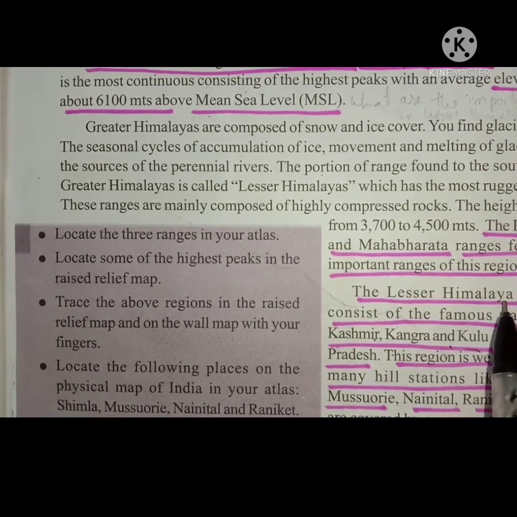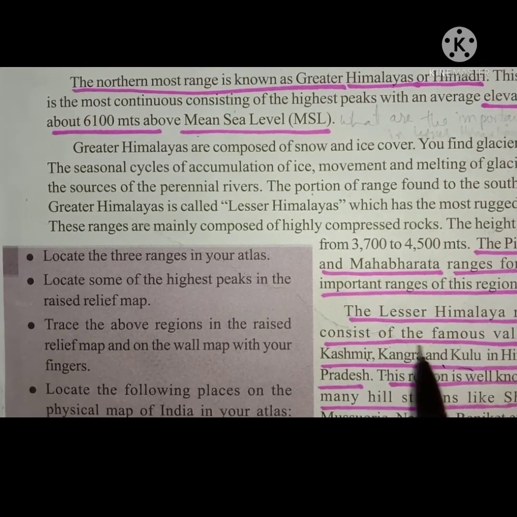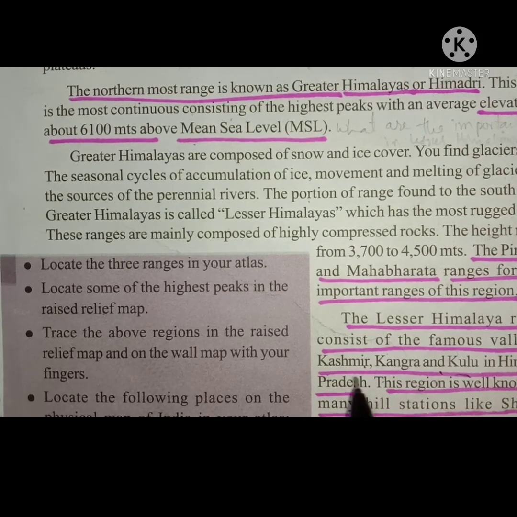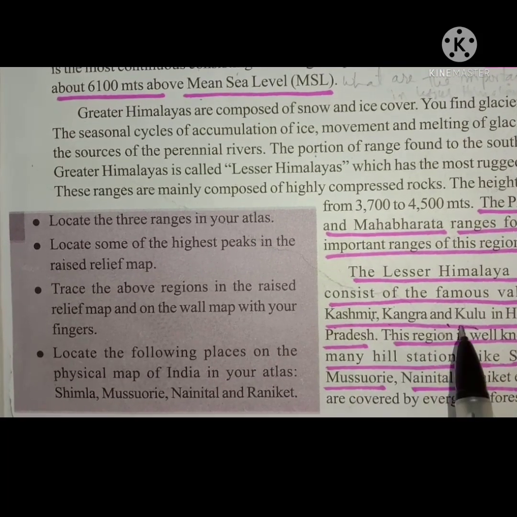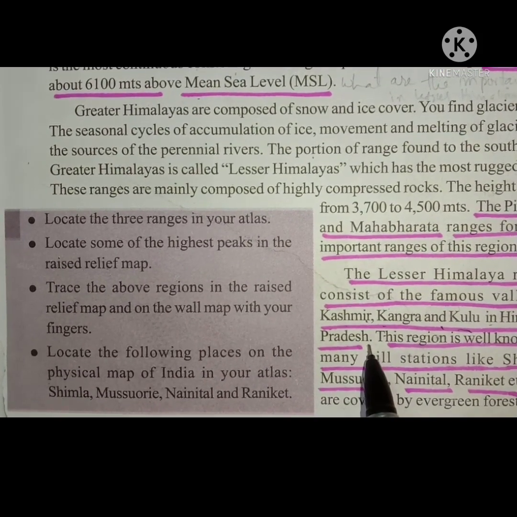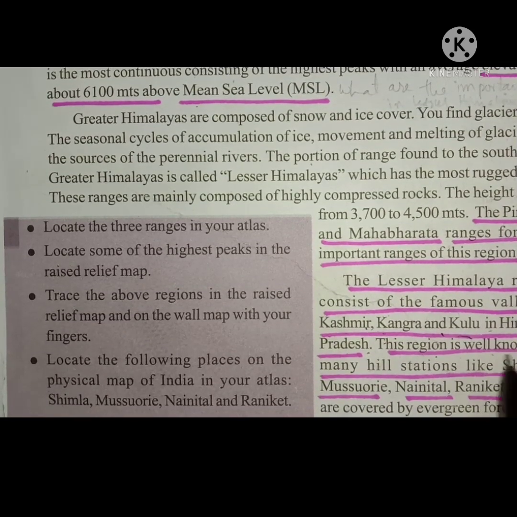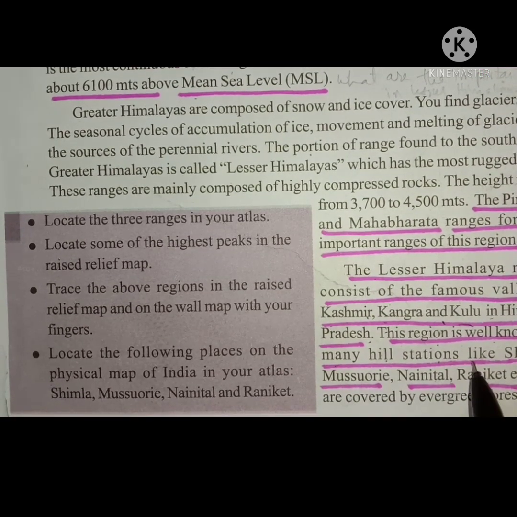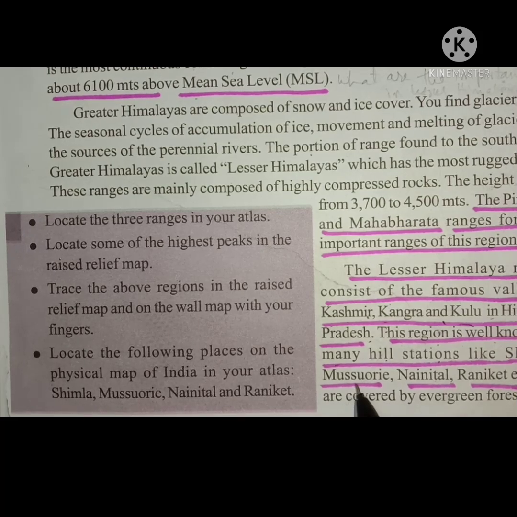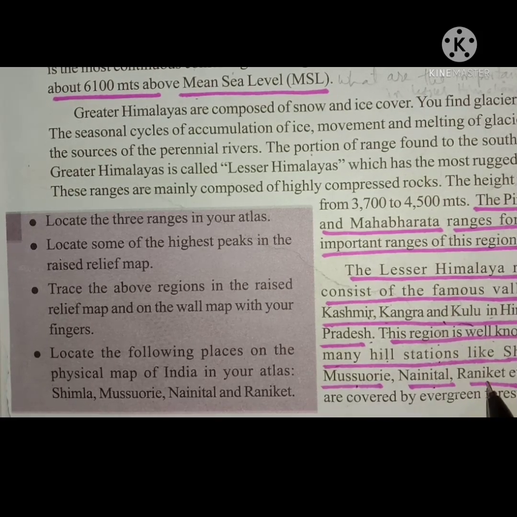The lesser Himalaya ranges consist of the famous valleys of Kangra, Kashmir, and Kulu in Himachal Pradesh. This region is well known for many hill stations like Shimla, Mussoorie, Nainital, Ranikhet.